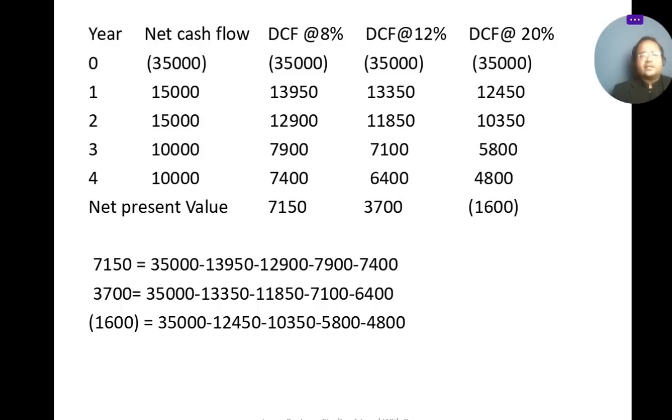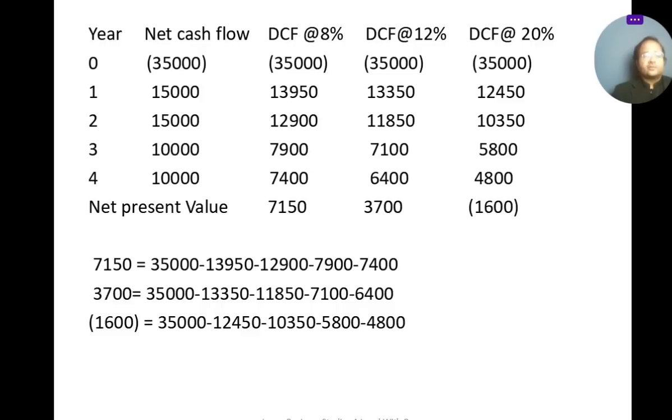In year two to year four, you have different discounted cash flows at different rates. Now the net present value at 8% is a positive 7,150. At a rate of 12%, the NPV is positive 3,700. At a 20% discount rate, the NPV is negative 1,600.